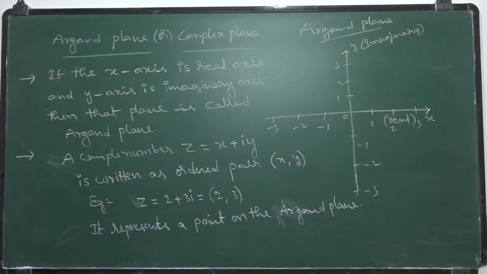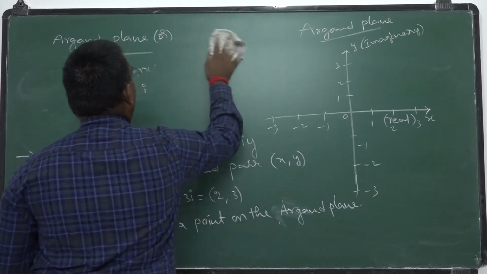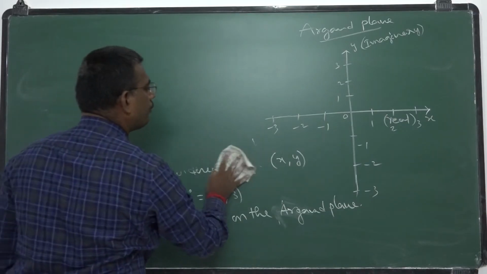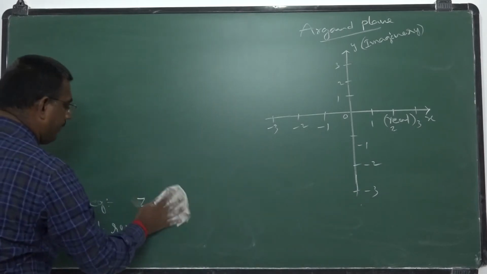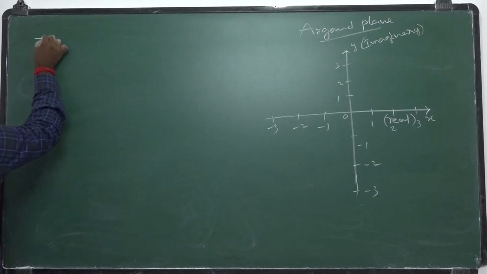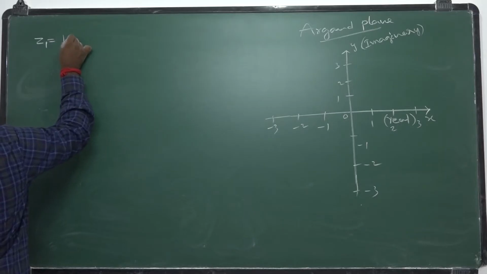For example, now I am going to plot some complex numbers on the Argand plane. Let z1 be the complex number 1 plus i.